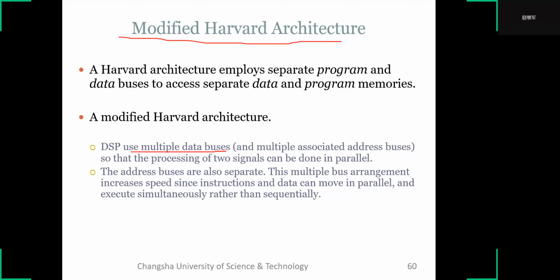The address buses are also separate. This multi-pair bus arrangement increases the speed since instruction and data can move in parallel, and execute simultaneously rather than sequentially.